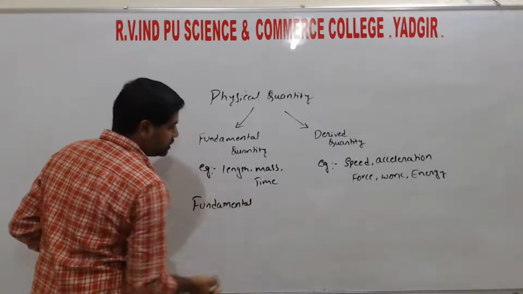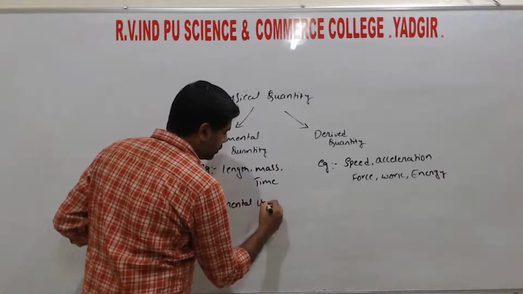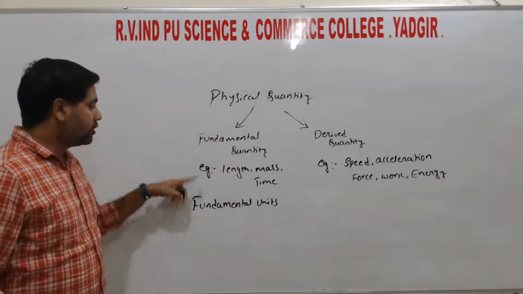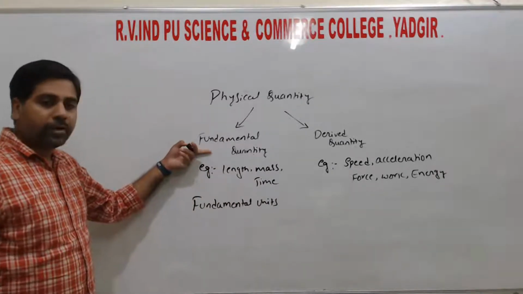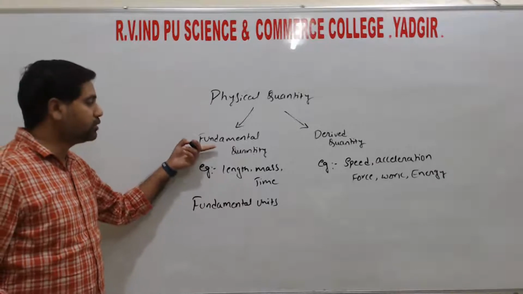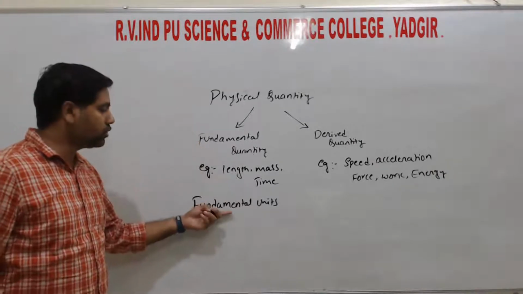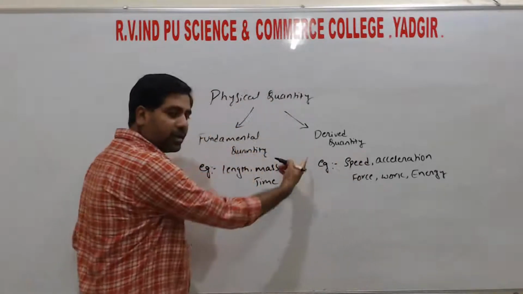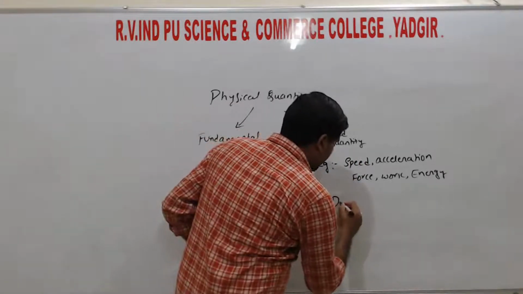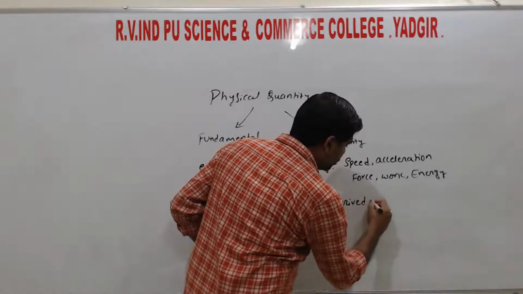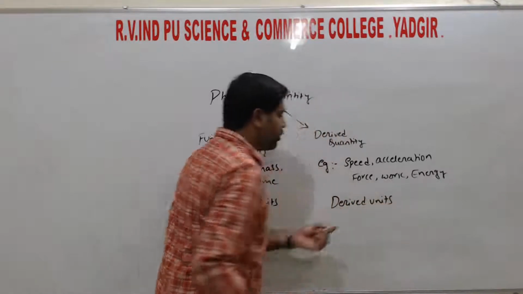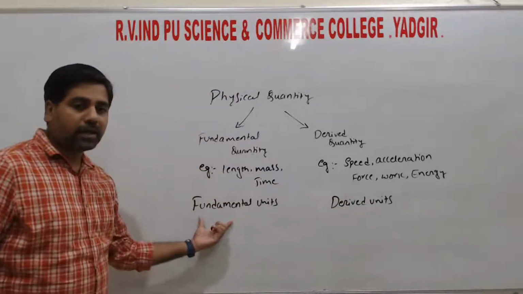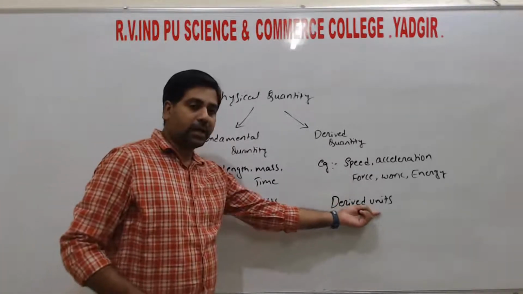In the last class we discussed all these fundamental units, right? The units which measure the fundamental quantities are called fundamental units. And the units which measure the derived quantities, or the units which are defined with the help of the fundamental units, are called derived units.